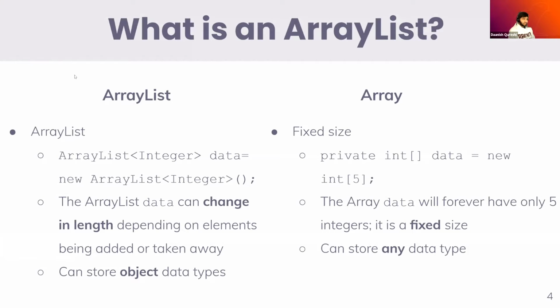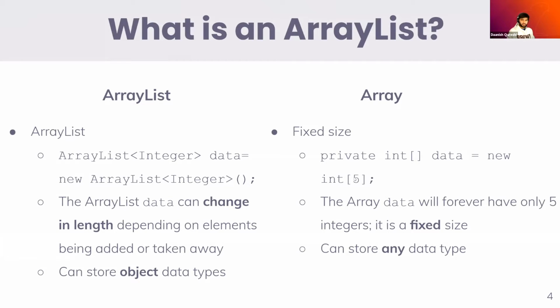So what is an array list? Let's start with an array. I'm sure everyone remembers what an array is. This declaration here, private int[] data equals new int[5], creates a new array which stores integers with a size of 5.